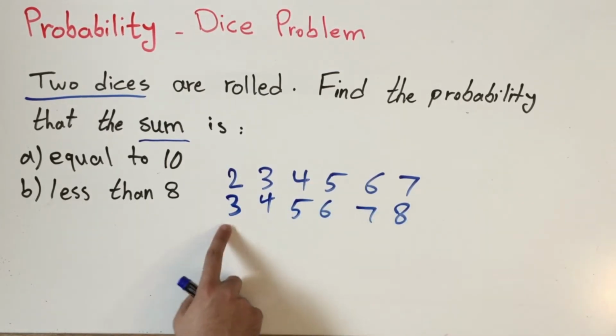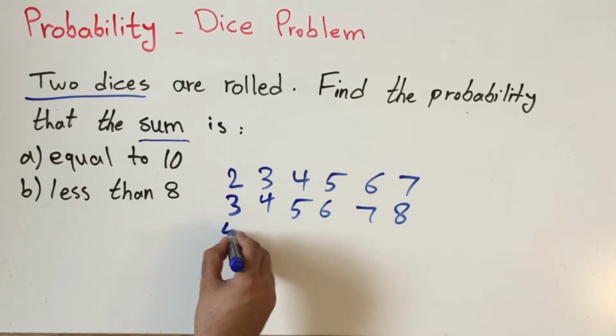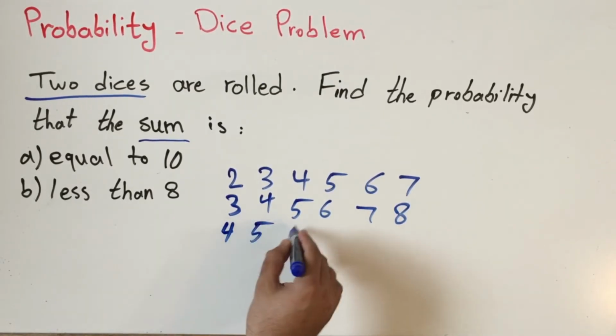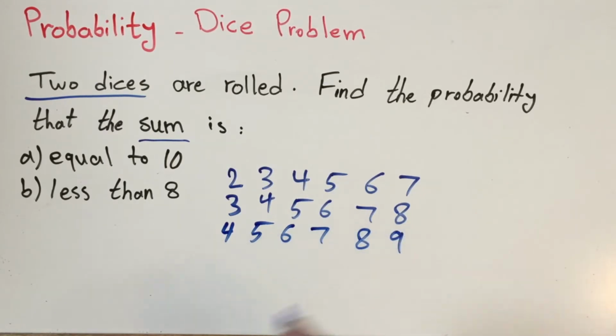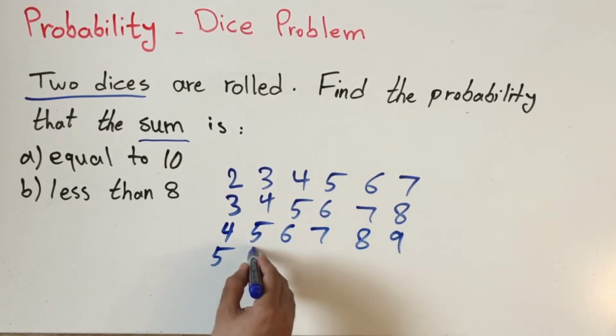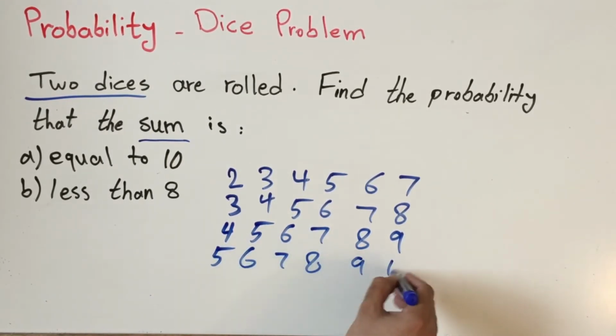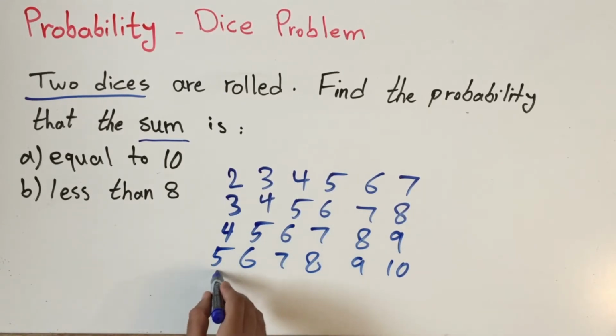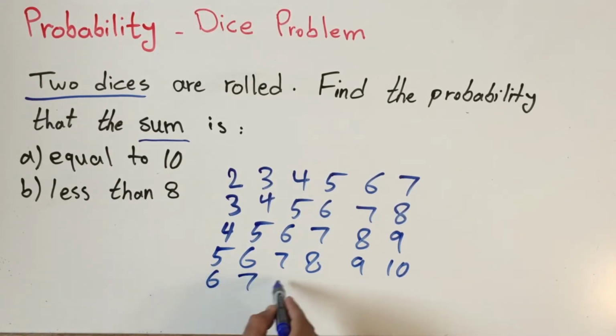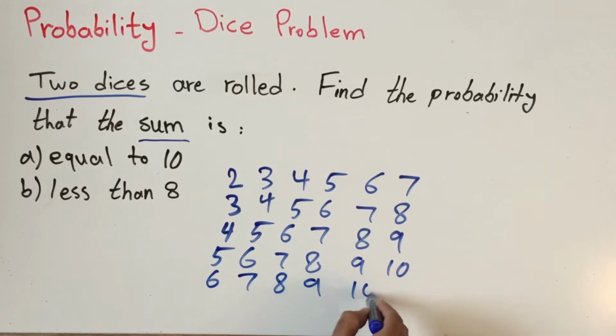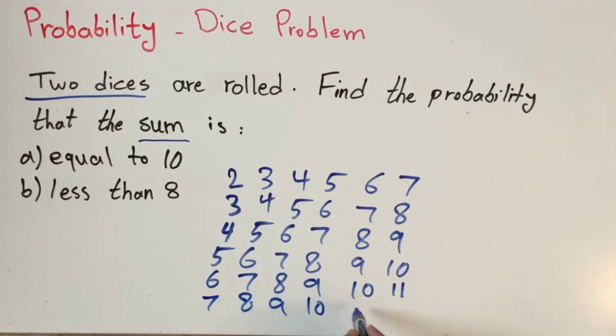It's very easy, right? The next row, as you can guess, starts from 4, and then 5, 6, 7, 8, 9. The next row starts from 5, 6, 7, 8, 9, 10. The next row starts from 6, 7, 8, 9, 10, 11. And the last row, this is the last row, is going to be from 7, 8, 9, 10 to 12.